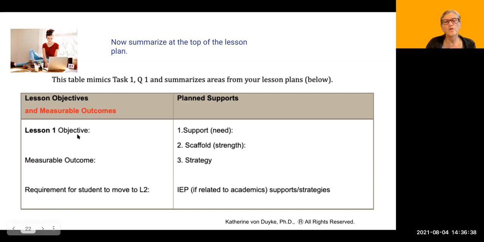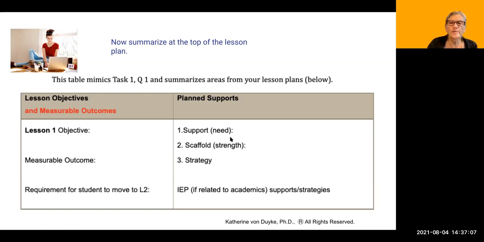So if your objective is to be able to name 4 out of 5 beginning consonants, F, S, B, D, the measurable outcome is that they can correctly pick out the correct consonant when given words to read. And then the requirement for the student to move to the next objective, let's say, is that they get 3 out of 4 consonants correct consistently.